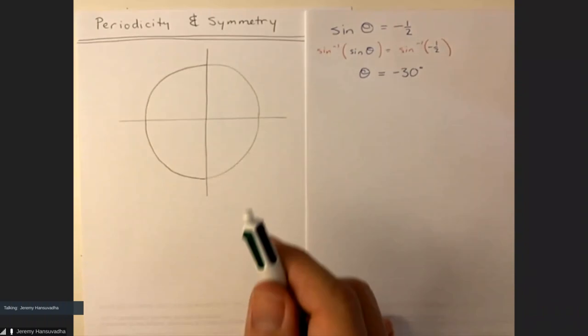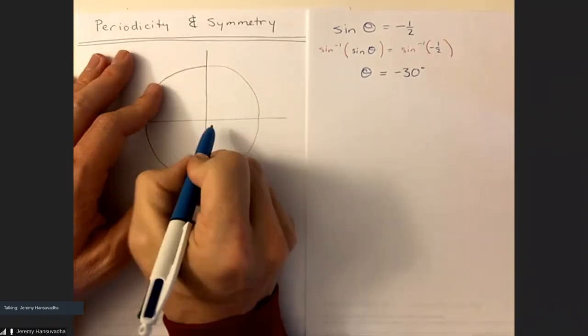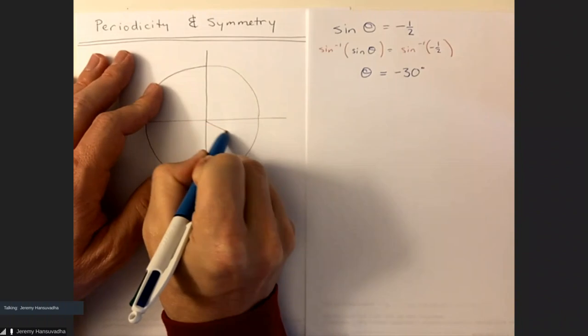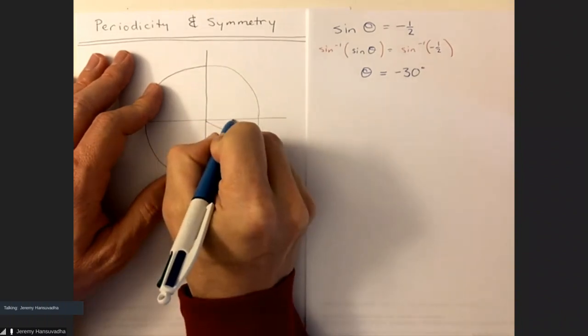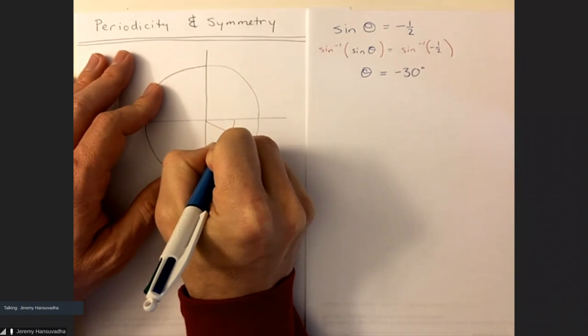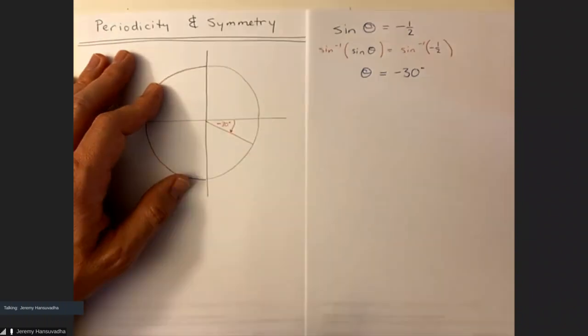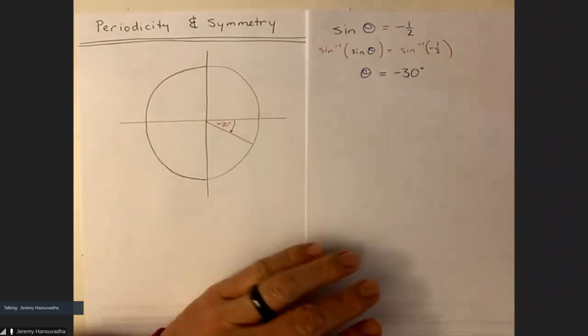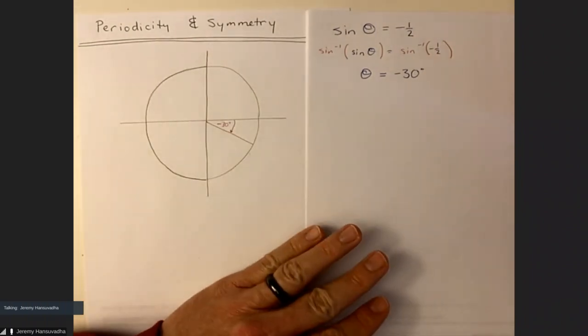So negative 30 degrees is going to look like this. This rotation is negative 30 degrees.